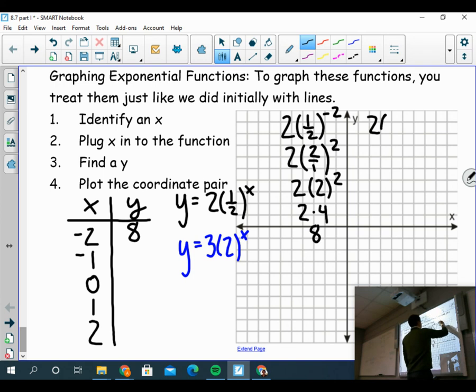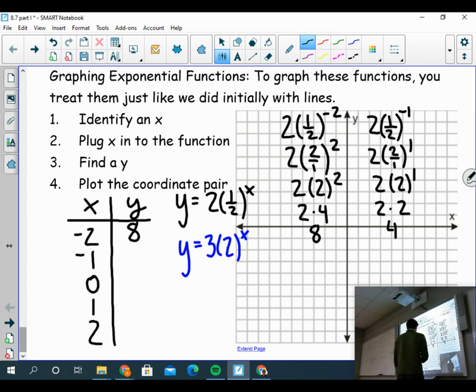Follow the same logic for 2 times 1/2 to the negative first power. We're going to get 2 times 2 because 2 to the first power is 2. And we end up with 4. Once we get out of the negative exponents, things become a little bit simpler.